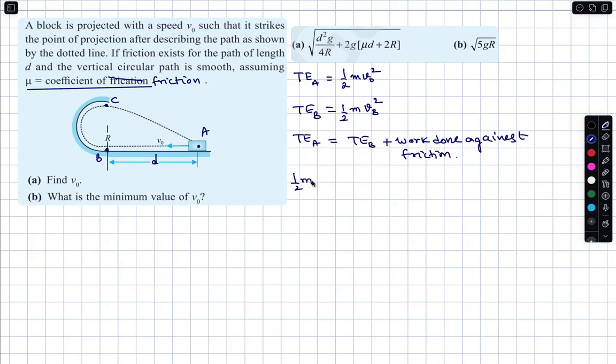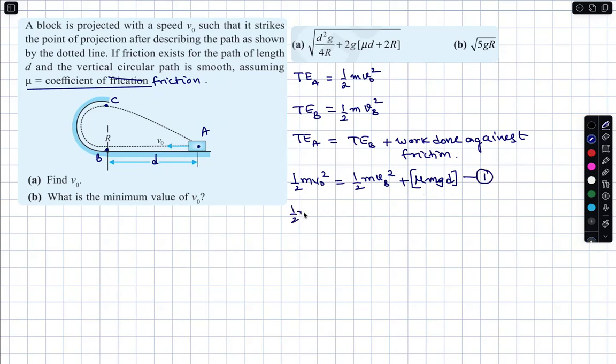So half m v naught square is half m v B square plus mu mg d. You know, friction is mu mg. Don't put minus here. If it is work done by friction, minus. If it is work done against friction, it is plus. This is equation 1.